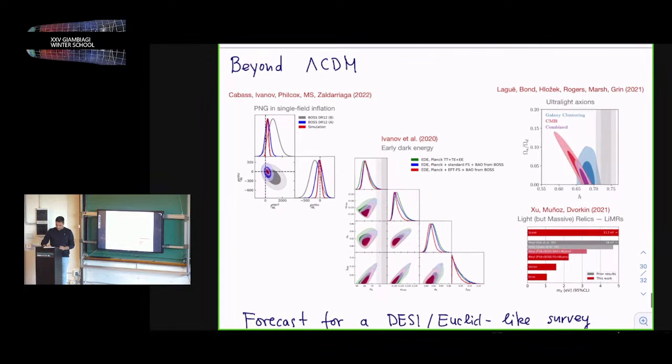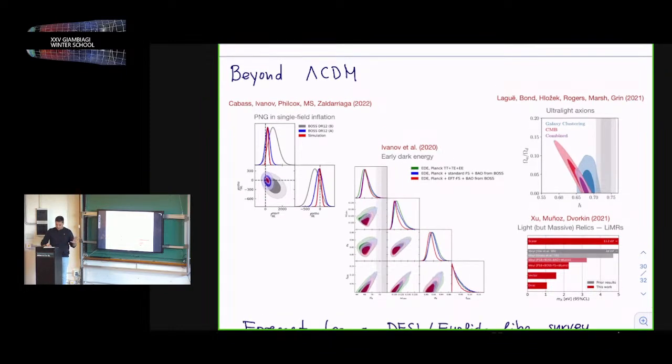I wanted to say a few words about beyond standard model, but let me just say in one sentence that people have been applying these pipelines to constrain things beyond lambda CDM. And in these examples, adding BOSS data made an important difference.